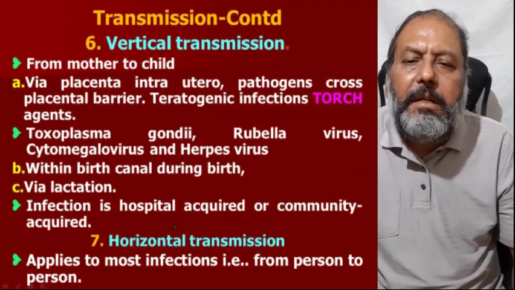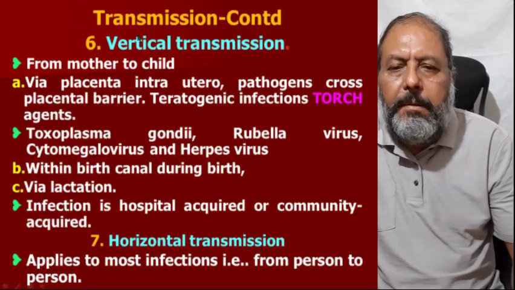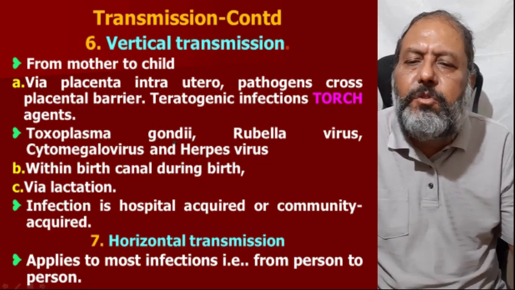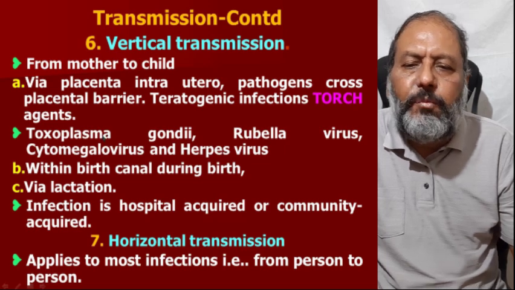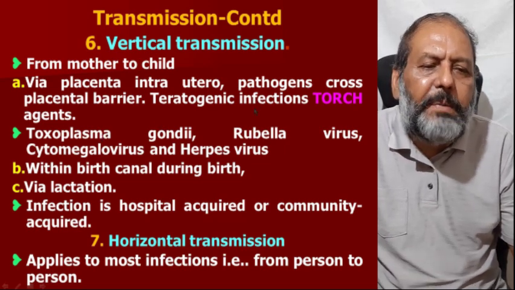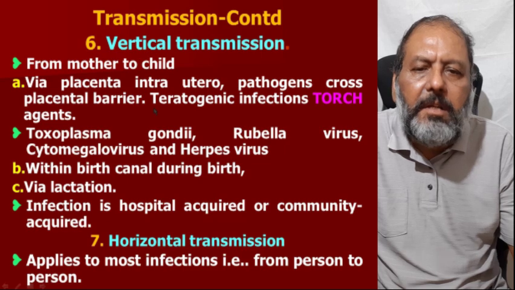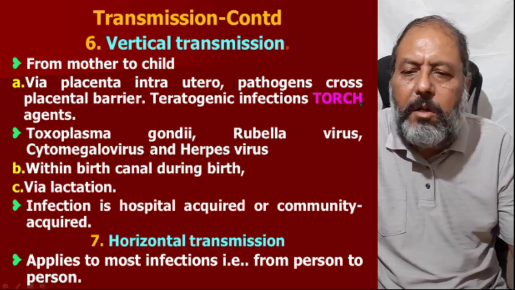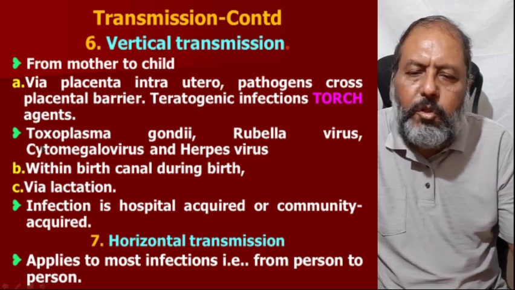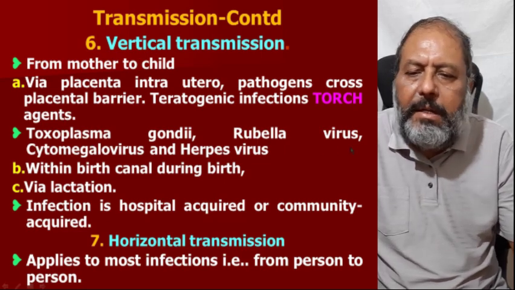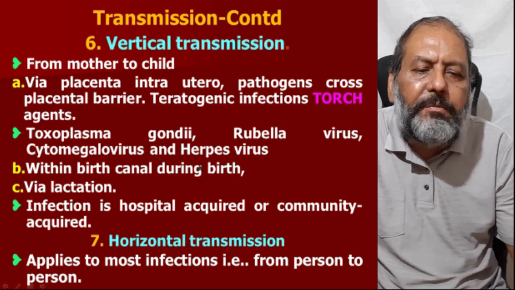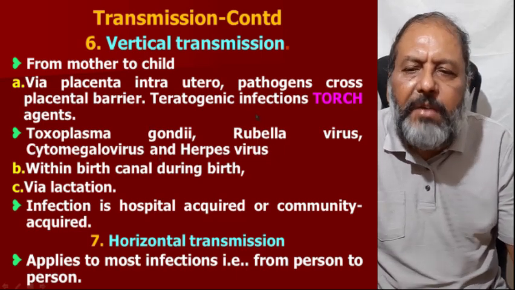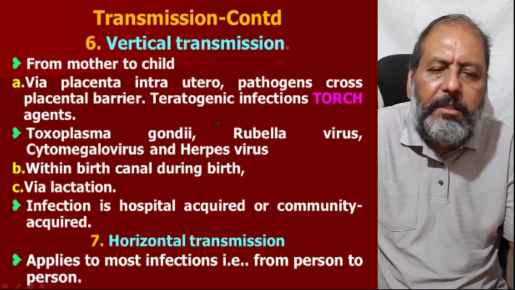Then the sixth transmission is vertical transmission. That is from the mother to child. Number one is via placenta. Intrauterine pathogens cross the placental barrier, which they usually do not cross, but some teratogenic infections like TORCH agents, these are Toxoplasma gondii, rubella virus, cytomegalovirus and herpes virus, can cross the placental barrier and infect the child in the mother's womb.